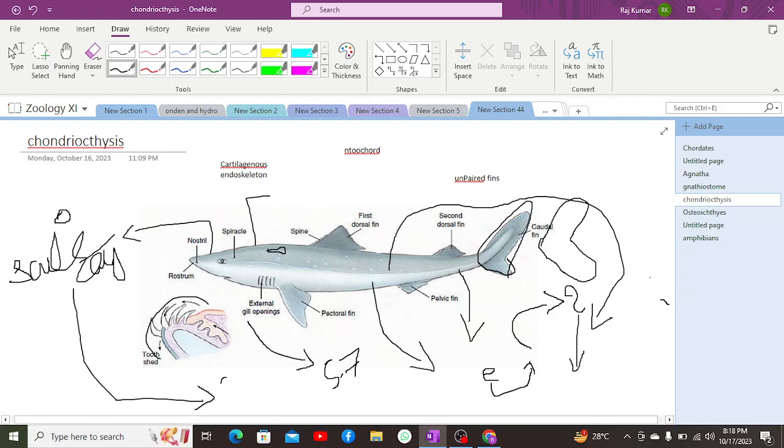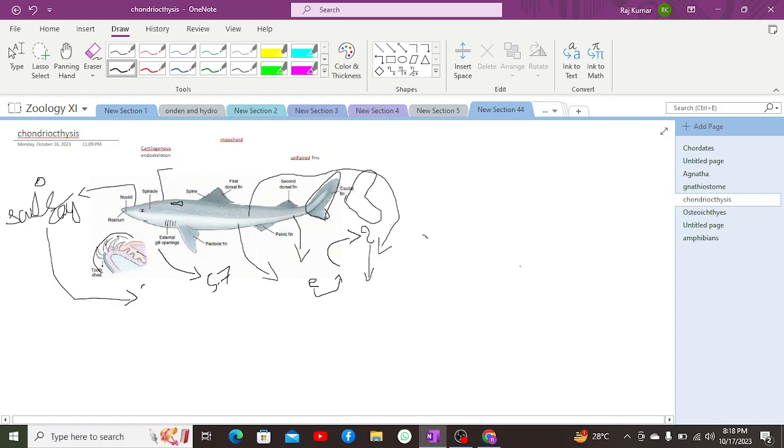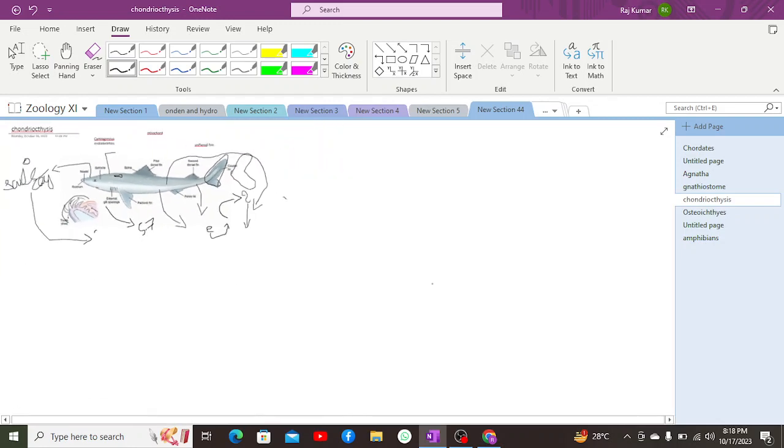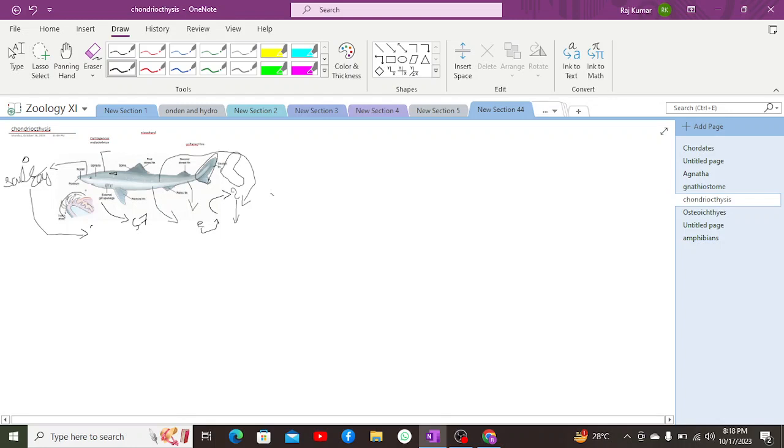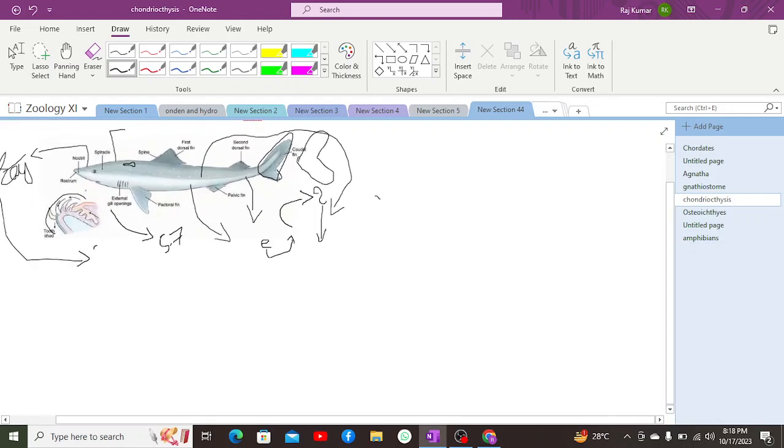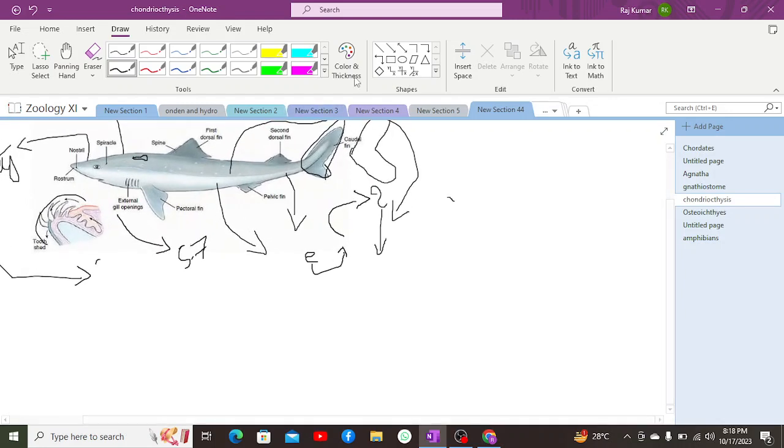Apart from this, when it comes to their digestive system, they are not having any stomach. Apart from that, when it comes to their reproduction, their sexes are separate.